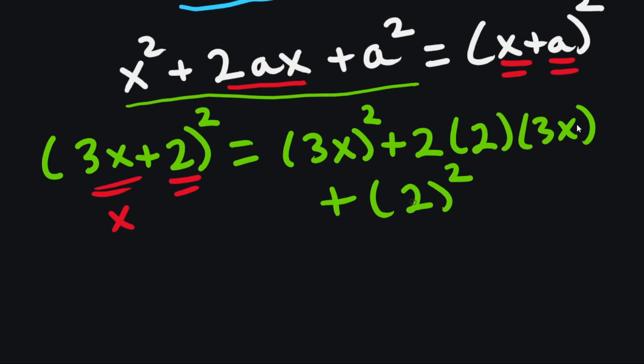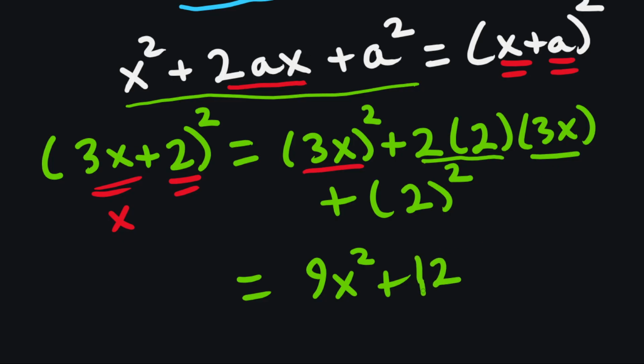Excellent, and then we can go evaluate this. What is (3x) squared? That is 3x times 3x, which is 9x squared. So 9x squared plus 2 times 2 is 4, and 4 times 3x is 12x.